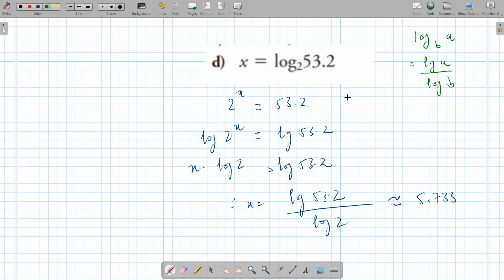Oh, okay. So this one, we could have written in one step without having to change this into this using this rule. And that always works? That always works, yeah. So log base 3 of 2 becomes log 2 divided by log 3. Okay, you don't want to change them into the same base 10s.